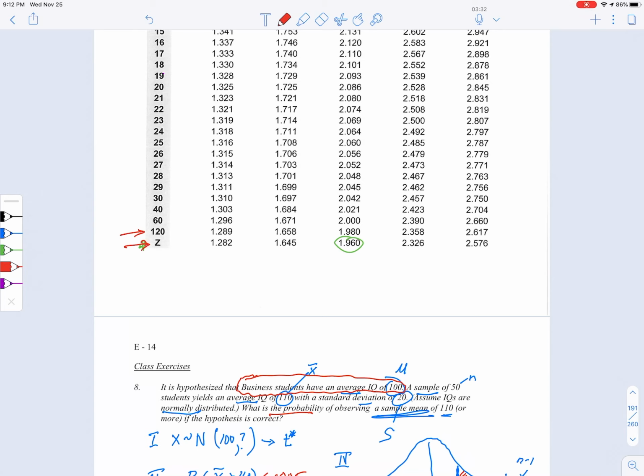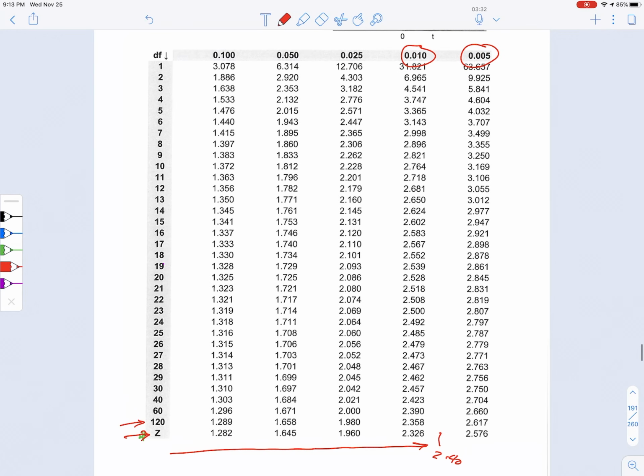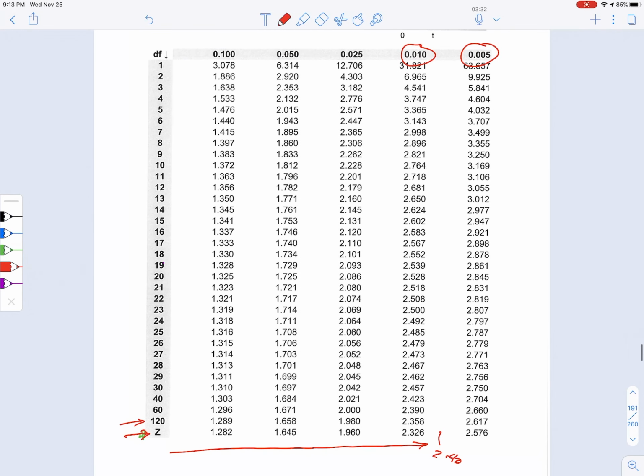Notice that the last one that we have here is 120 degrees of freedom. So we're going to go to this last one, which is actually just Z values. We're going to come across here until we find 2.40, and it's right in here. If we go to the top here, we'll find that that's something between 0.5% and 1%.